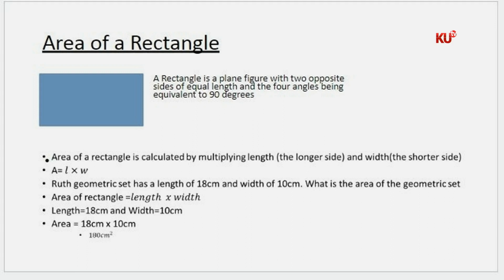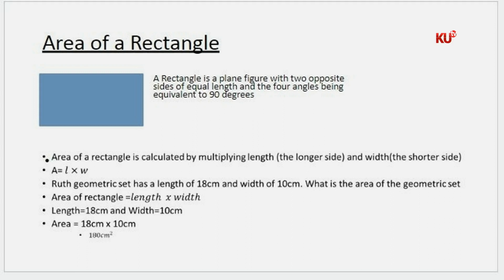After knowing that, we have a question there for us. This question states, Ruth's geometric set has a length of 18 centimeters and a width of 10 centimeters. What is the area of the geometric set? Area of a rectangle, we have said, is length times width. And our length, as you can see in the question, is 18 centimeters. And our width is 10 centimeters.